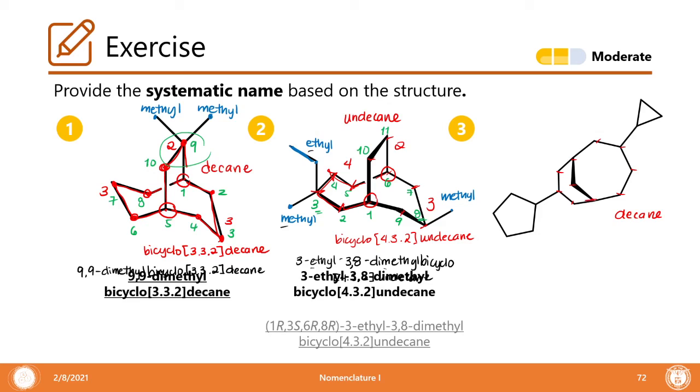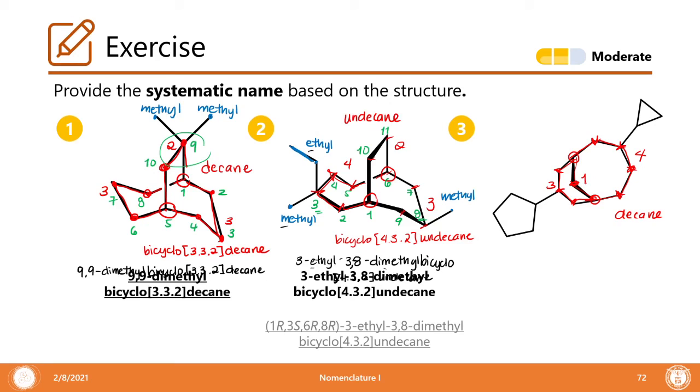Let's count the bridgeheads first. 1, 2, 3. 3 carbons here. 1, 2, 3, 4. So we have 4 carbons here. 1.